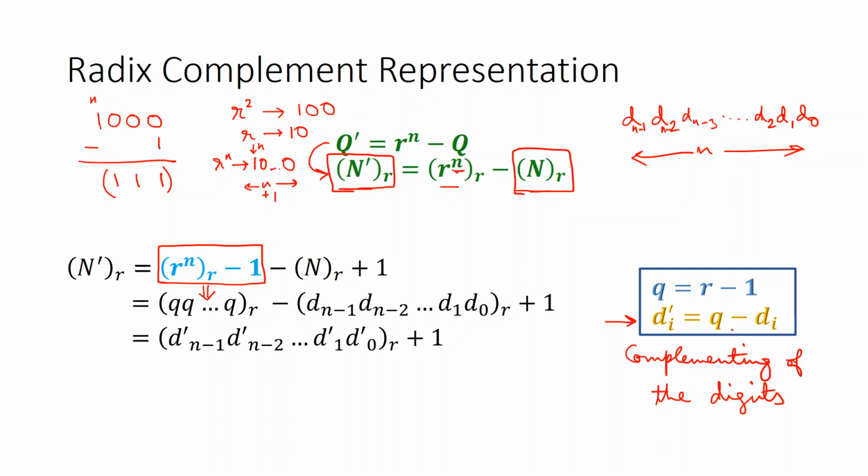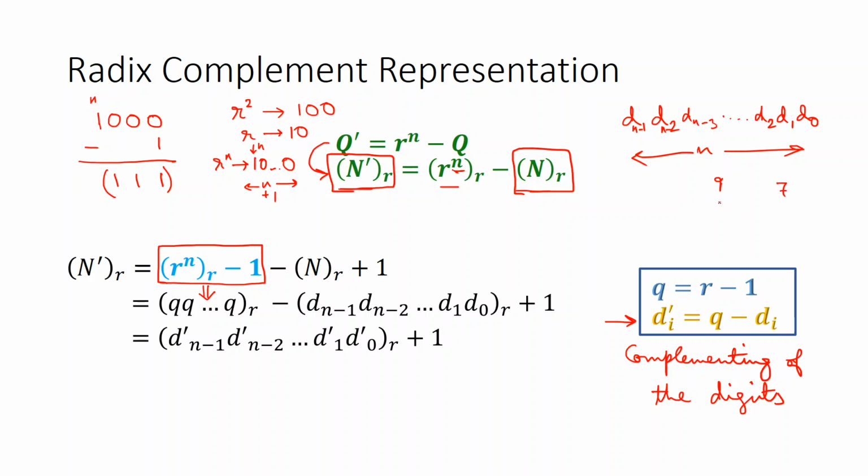Suppose you are dealing with the decimal number system. This q is 9 and all your digits are at most 9. If you want to complement 2, you subtract 2 from 9 and what you get is 7.